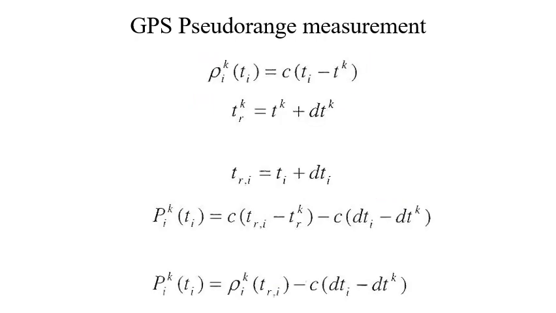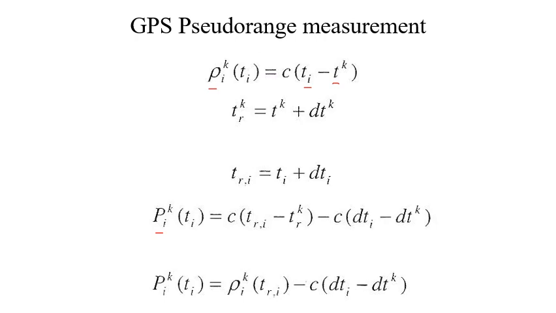Let's look at the mathematical modeling of pseudo-range measurements. Why do we call these measurements pseudo-range? The pseudo-range measurement is denoted by capital P here, and rho is the geometrical distance. The receiver obtains the signal sent by the satellite, and the satellite emission time is denoted by Tk.